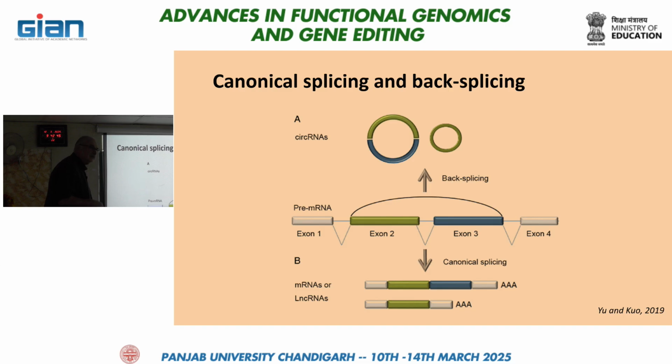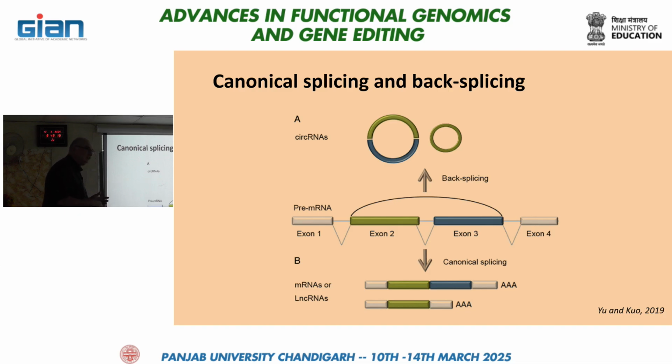It's catalyzed by the spliceosome, a huge machinery built of hundreds of proteins and snRNAs, small nuclear RNAs, which we mentioned. The spliceosome is important for splicing, meaning removing introns and putting exons together into mature mRNAs.